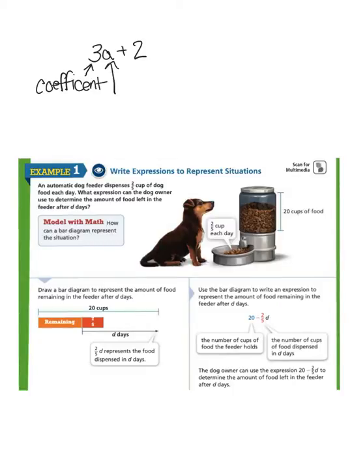Your letter is going to be your variable, which is a letter that represents a number. And any number that stands alone is going to be a constant. It's important to remember these vocabulary terms.